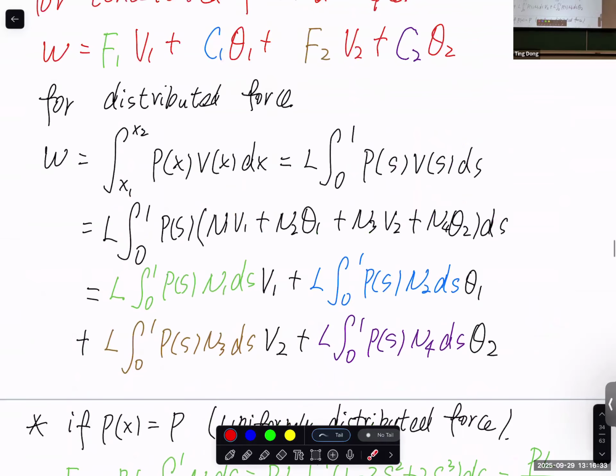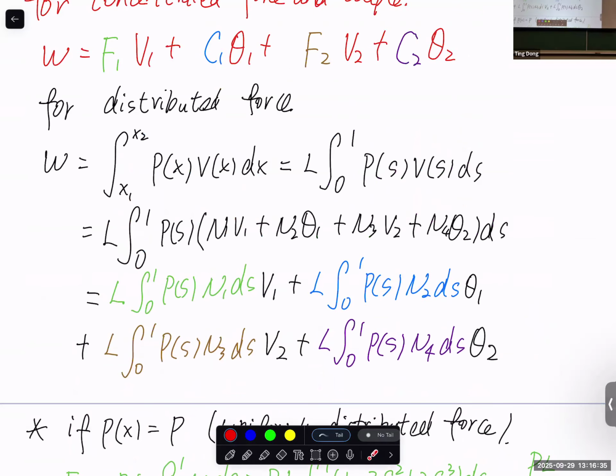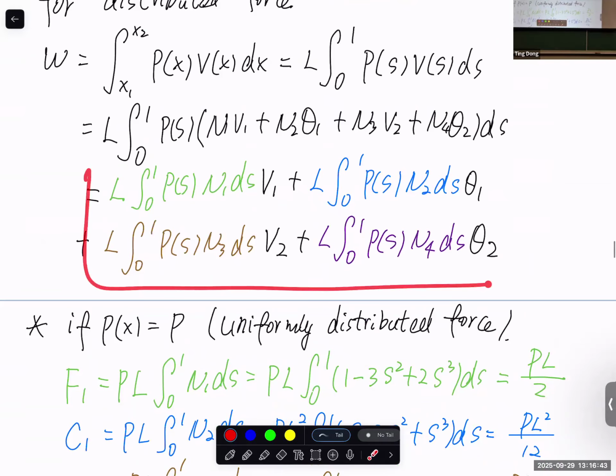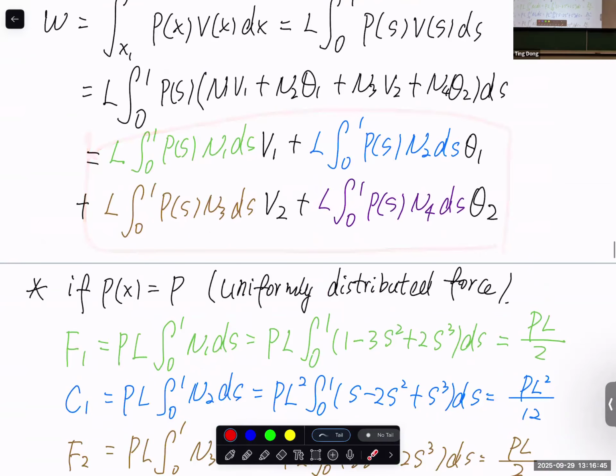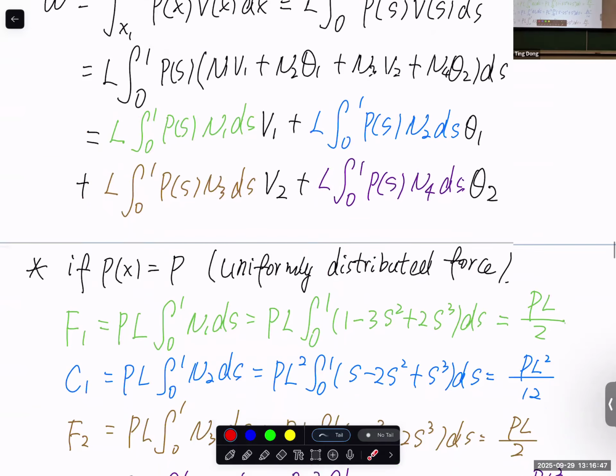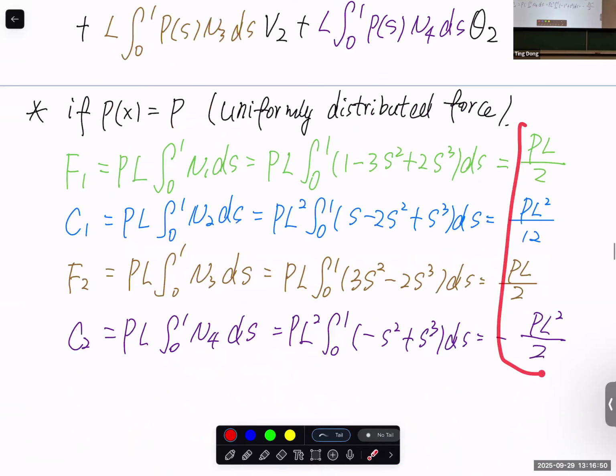For everything we derived in this class, in your homework and in your exam, you can use our derived equations directly. You don't need to derive them yourself, including this one. This conclusion you can also use directly.